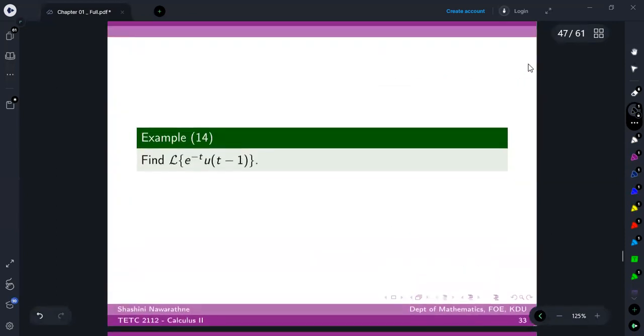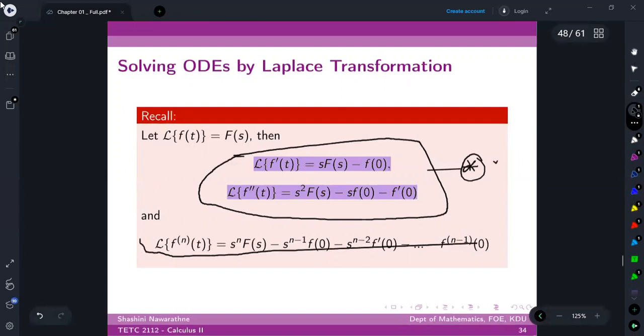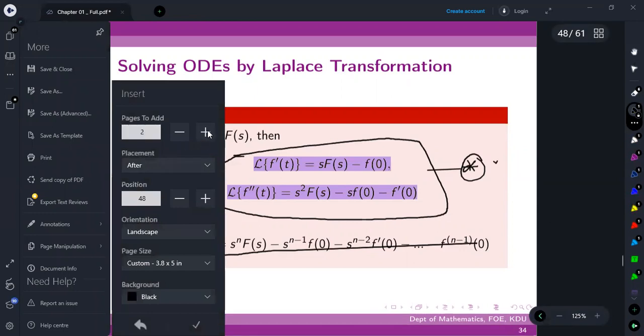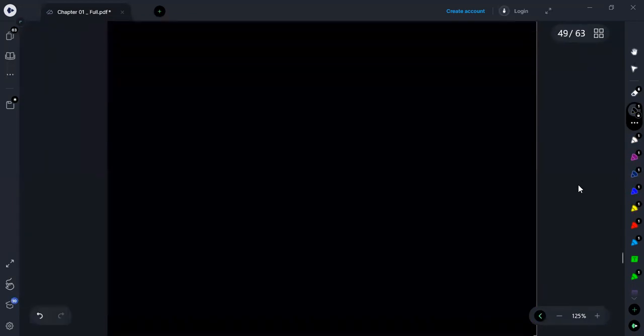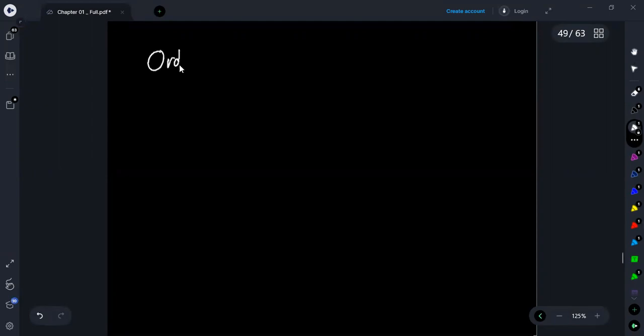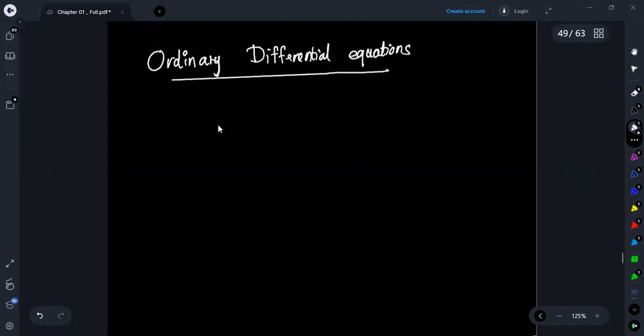Before moving to the process of solving a differential equation, I need to explain something really important related to differential equations. So let me add a few pages. Let's review our knowledge related to ordinary differential equations.